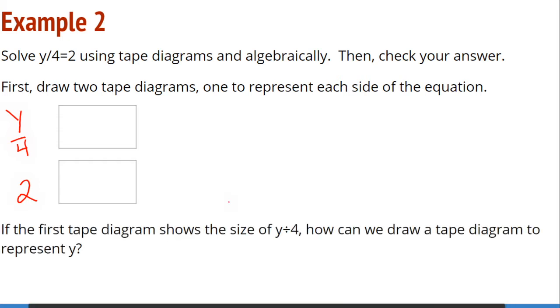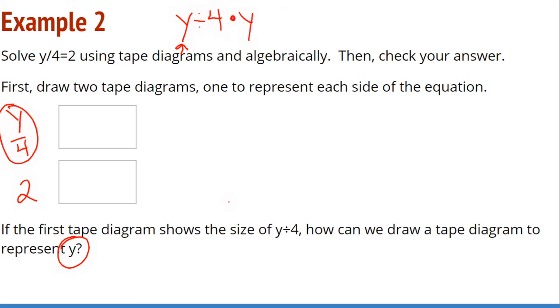So the first tape diagram shows us the size of y divided by 4. We need to modify this to show us y. I don't want a fourth of y, which is what this is. I want the whole thing. So thinking about our identity properties, if I have y divided by 4 and I want to get back to y, then I need to multiply times 4.